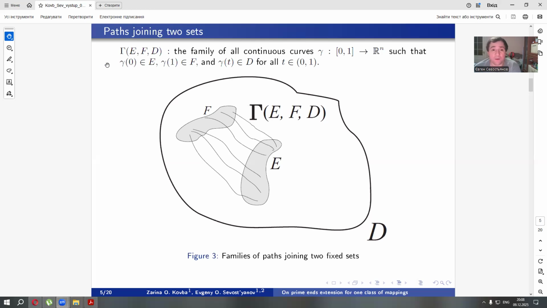So once more, Gamma(E,F,D) denotes the family of all paths joining two sets F and E in a domain D, as in the picture.